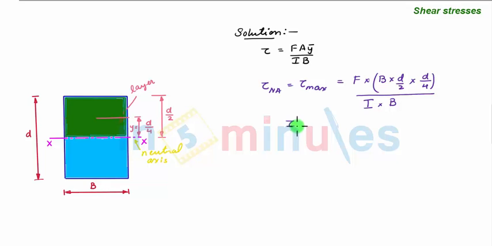Upon simplification, the b and b get cancelled, so we have F into d square upon 8I. Let this be equation 1.